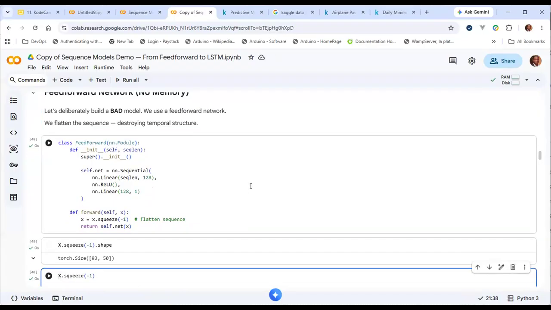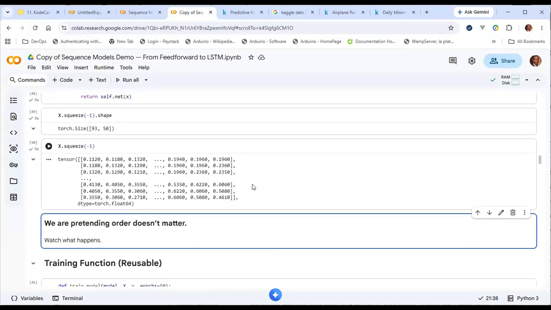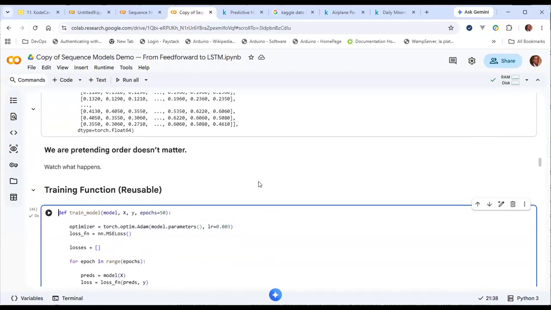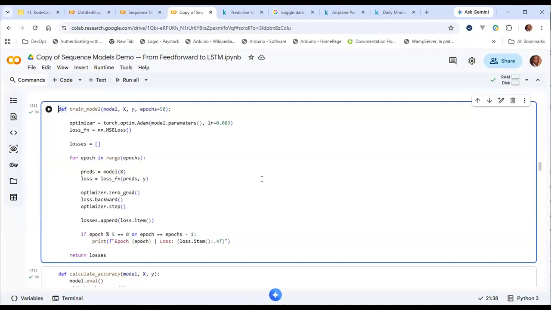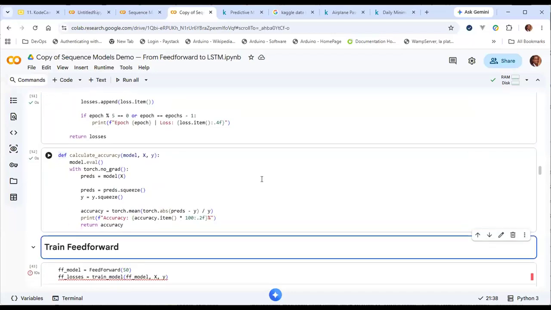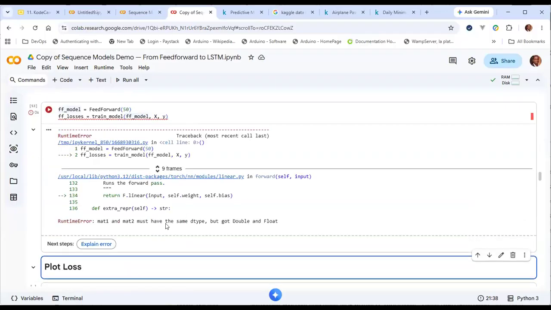So our training should be faster now, and we will not have that problem of mismatching types, because we were training long versus, I was trying to train, the data was not matching. Okay, so we have double and float.